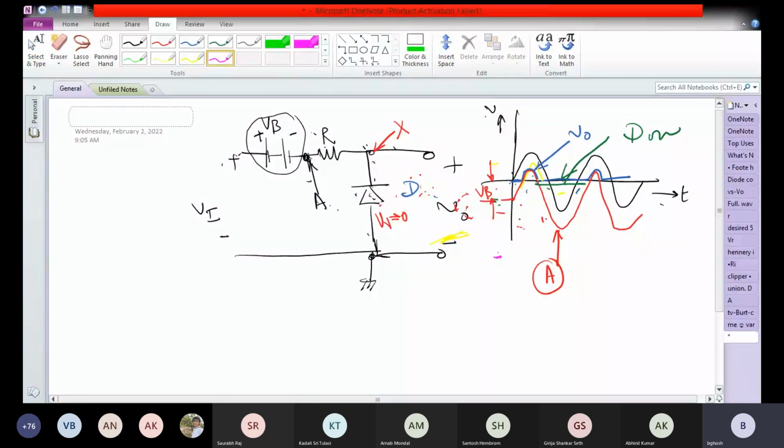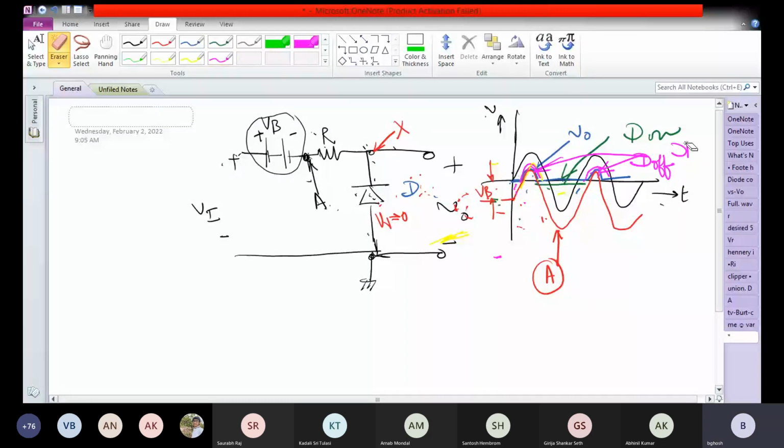So for this part, the diode D is off. And when the diode D is off, the output voltage V0 follows the voltage at point A, which is the red curve.